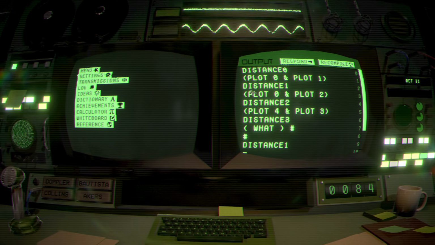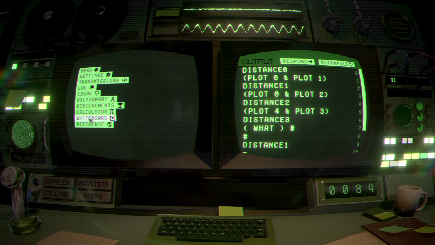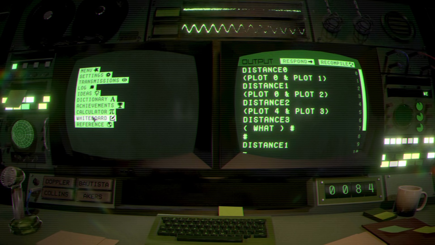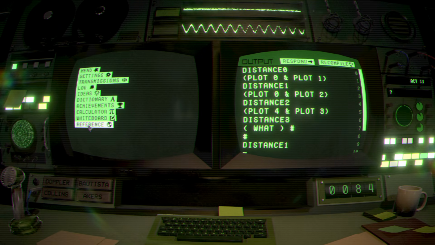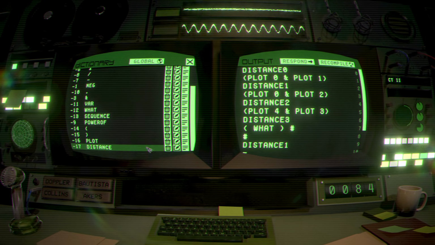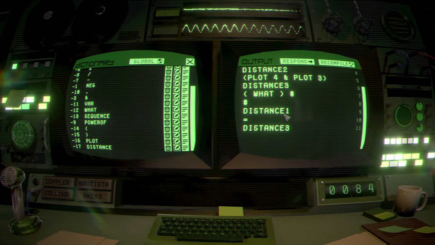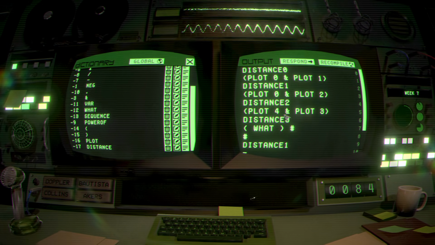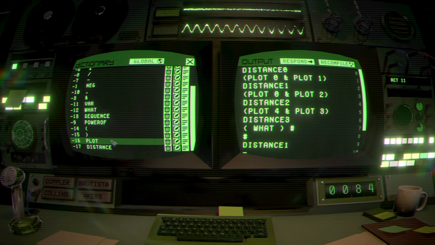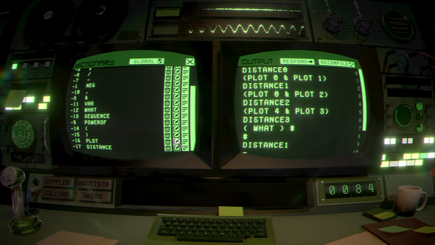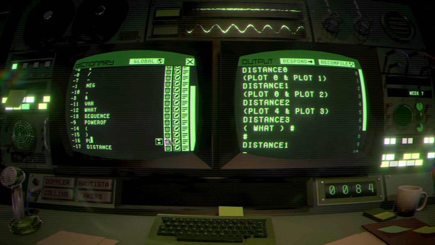Maybe this is not distance. But let's think about this again. Dictionary. But truly, this would be like point.